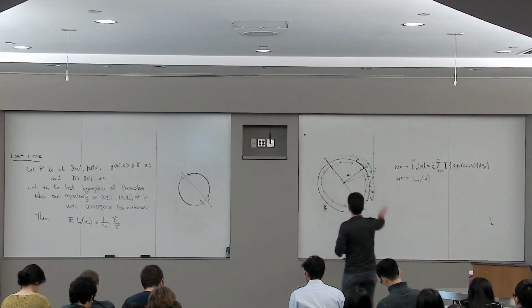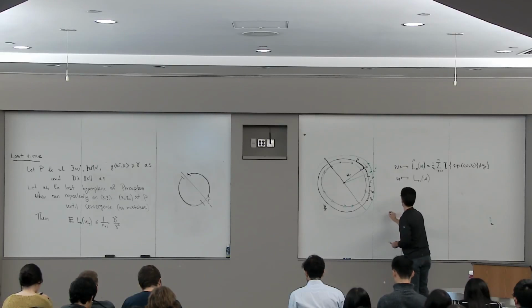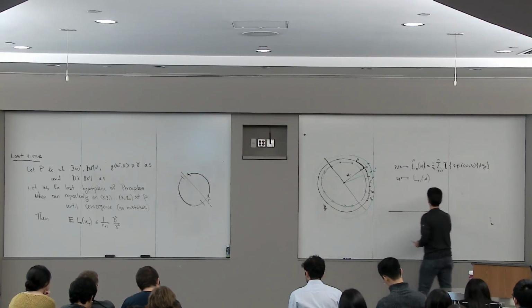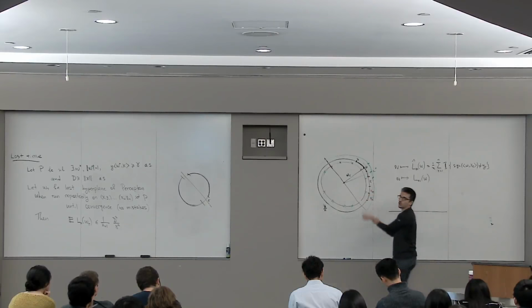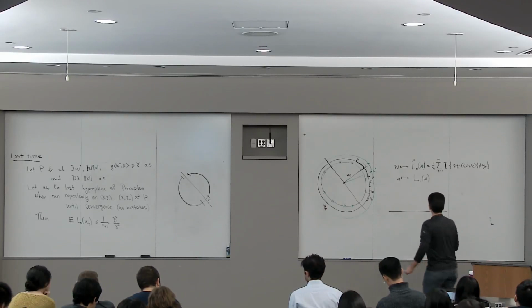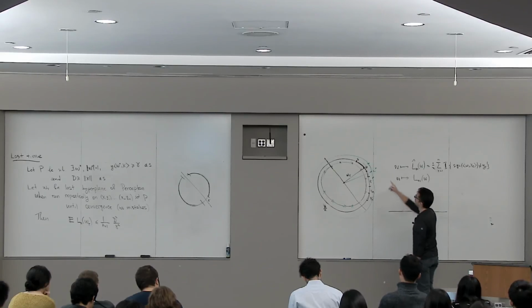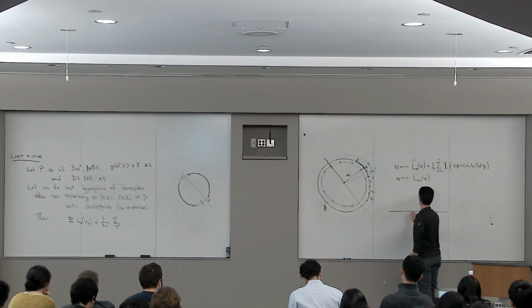Let me unroll this picture into something that's easier to visualize. I'm just unrolling this two-dimensional angle. And I'm going to say that my empirical was like this.